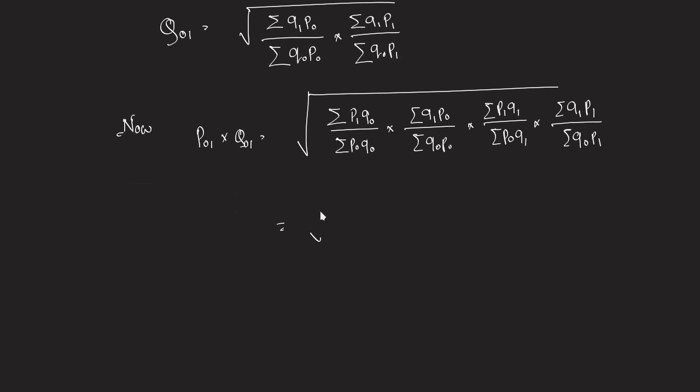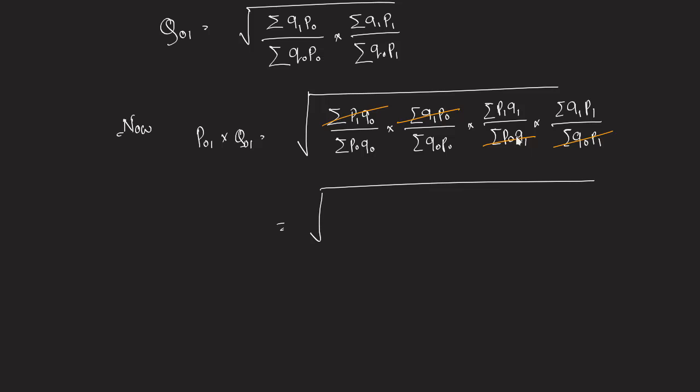So here, under the root, P1 Q0 and P1 Q0 cancel out, and again P0 Q1 and P0 Q1 cancel out.